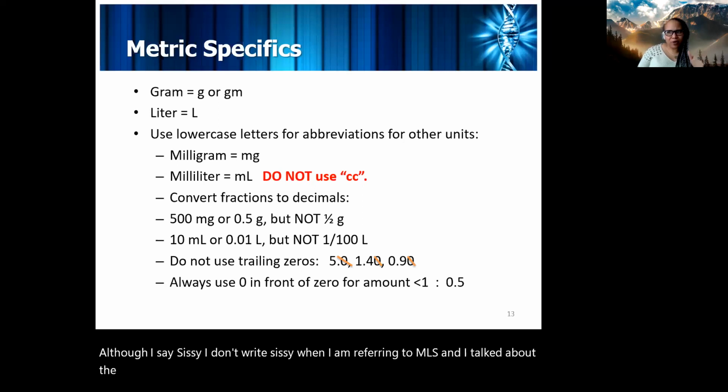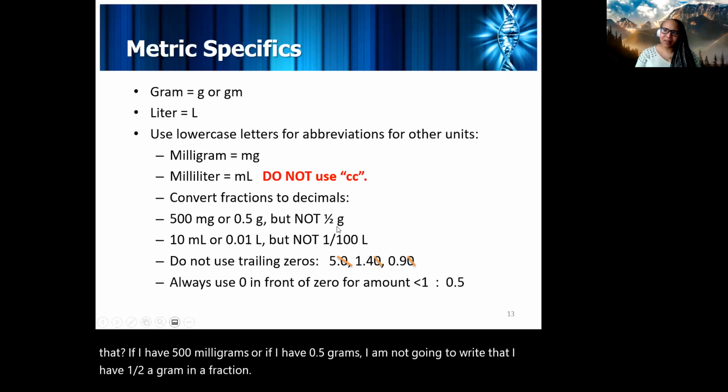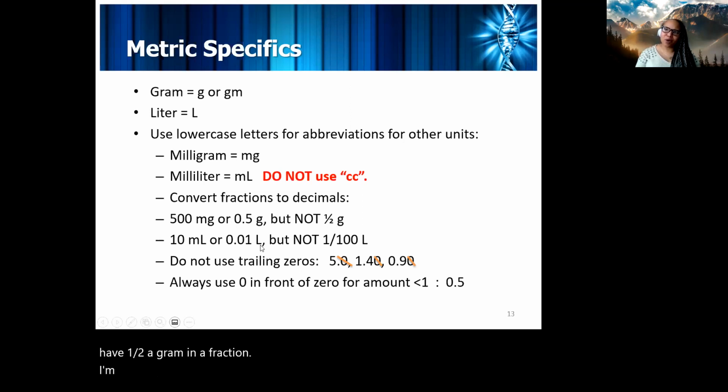And I talked about the fractions. We're not converting fractions to decimals. What I mean by that, if I have 500 milligrams or if I have 0.5 grams, I am not going to write that I have 1/2 a gram in a fraction. I'm either going to write I have 0.5 grams or I have 500 milligrams. And that's the same with milliliters.